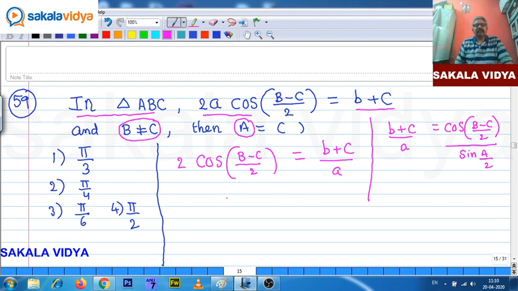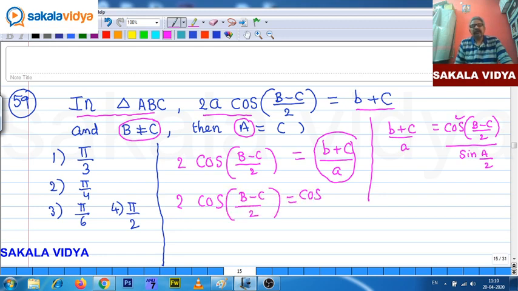Okay, correct. So now instead of (b plus c) by a, you can write this value. So 2 cos of (b minus c) by 2 equals cos of (b minus c) by 2 upon sin of a by 2. Now what will be the simplification? These two get cancelled. Here we have 1.